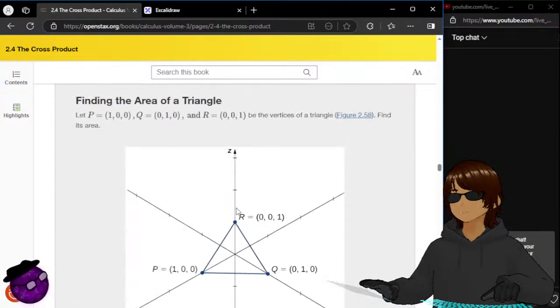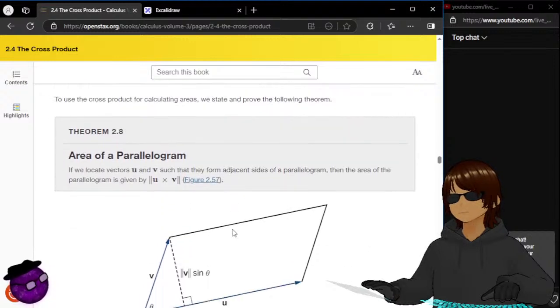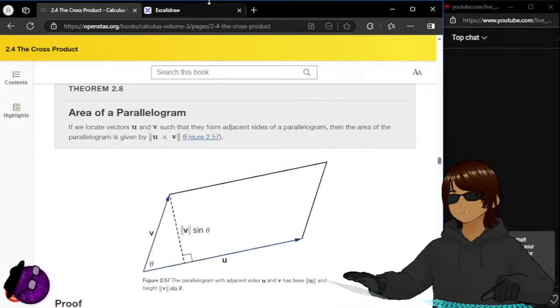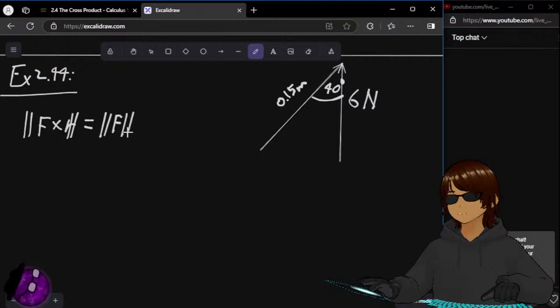What was that sine theta thing we saw earlier? That's the area of a parallelogram. Magnitude of this. Okay. So, magnitude of this is magnitude of F times magnitude of R sine 40.